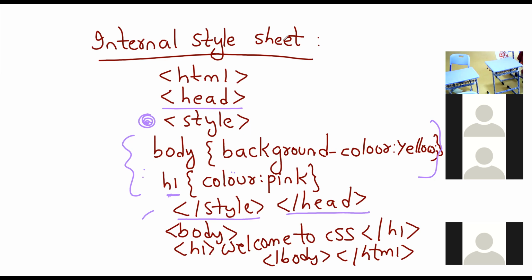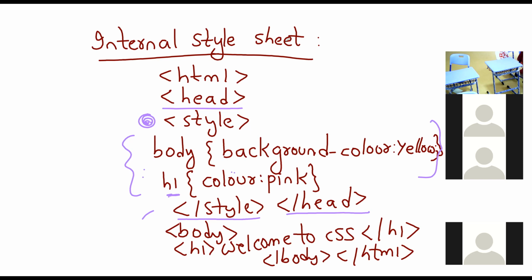Understood? This is inline and internal, right? Inline is for only a single element. Internal is for a single web page. Suppose I want the same thing on one more web page. What can we do? We have to copy this and paste it in the next web page. If I want the same thing for 100 web pages, I have to copy this to all the remaining web pages.